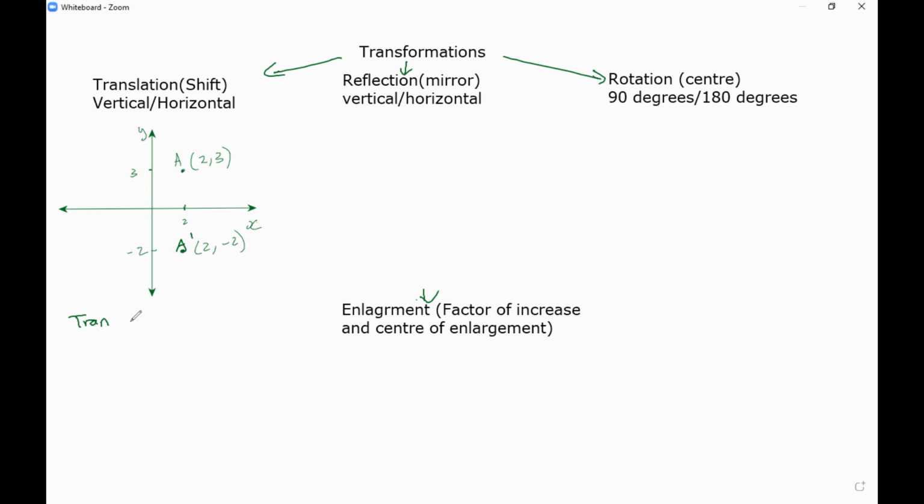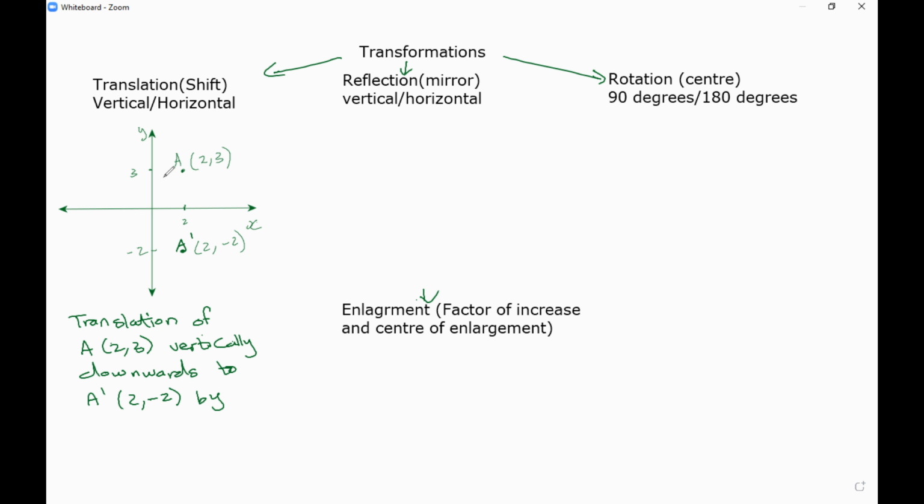I've translated, we can call it translation of A (2, 3) vertically downwards to my A prime, which is (2, -2), by how many units?